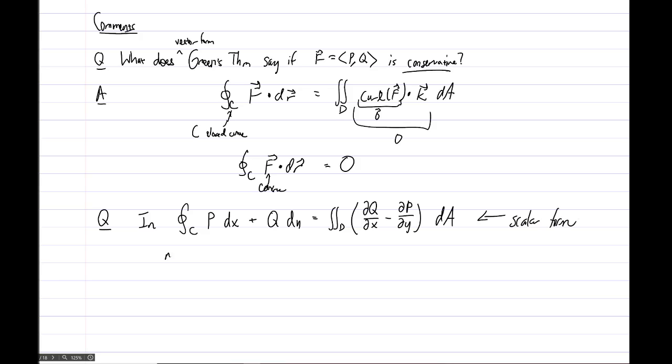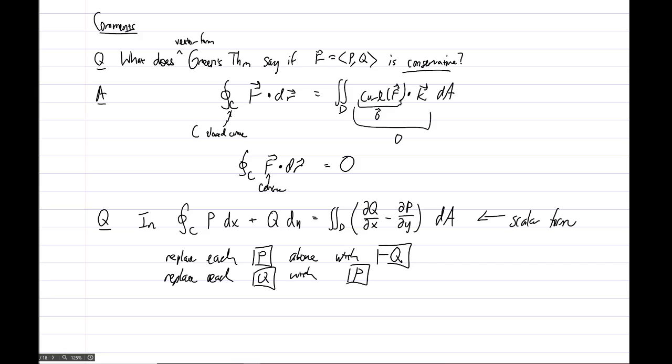What we're about to do is make some algebra-style replacements. We're going to replace each P that we see above with a negative Q. We're also going to replace each Q that we see above with just a P. Then we're going to compare what we have.